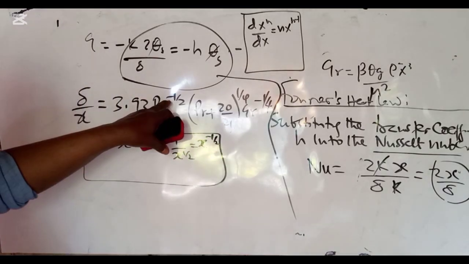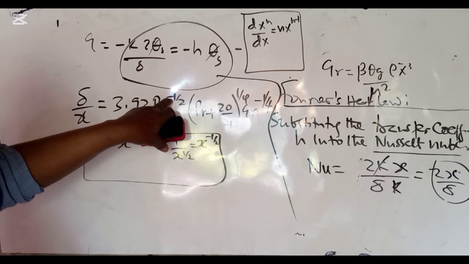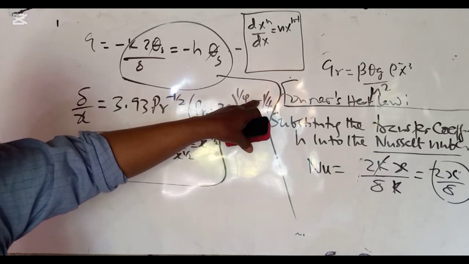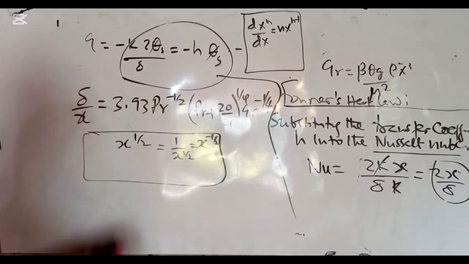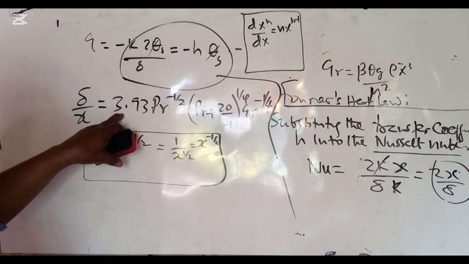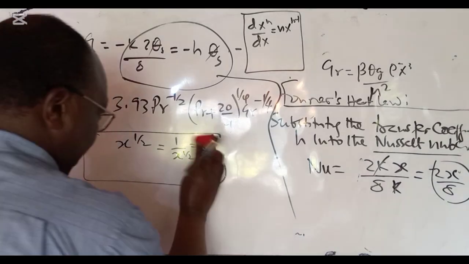And so when we invert these quantities, the minuses will now become plus, and the plus will become minus. And of course this, because it has no index, will be 1 over 3.93.